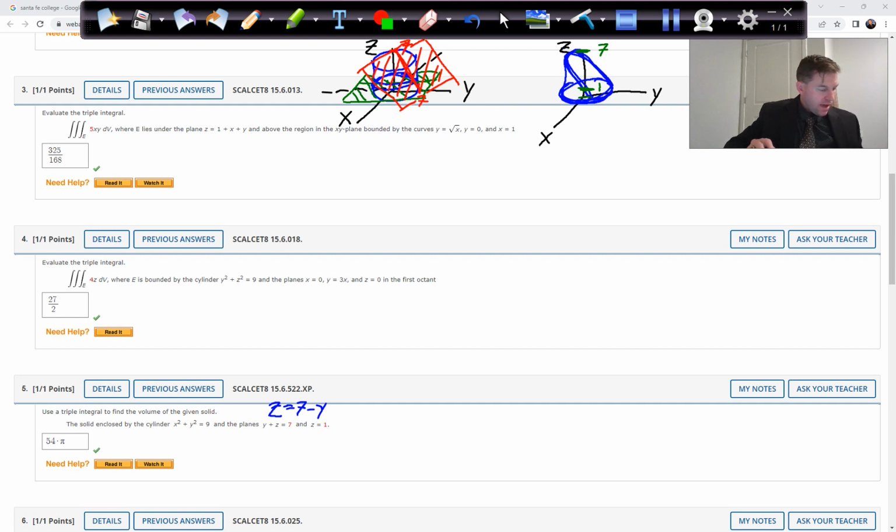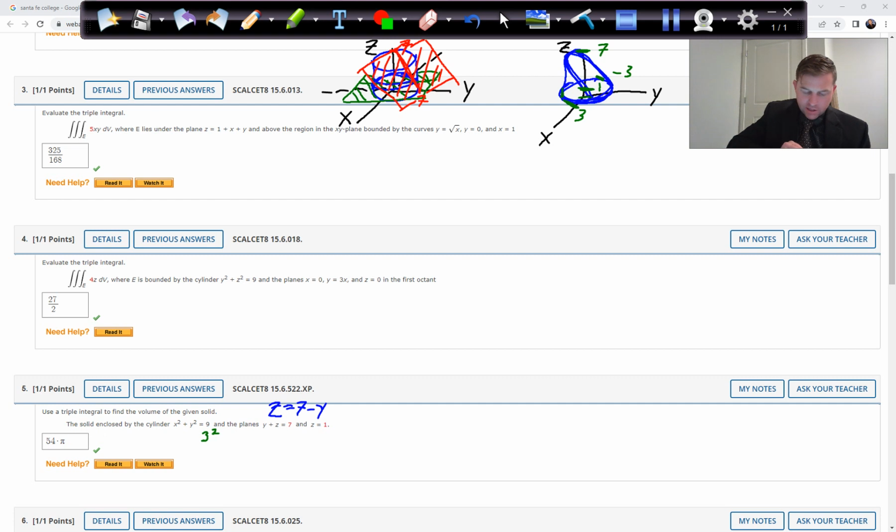So we're going to have X, notice that X has to be bound by this circle that has a radius of 3. So the most X can be is minus 3, actually X would be back here at minus 3, and up here at plus 3.